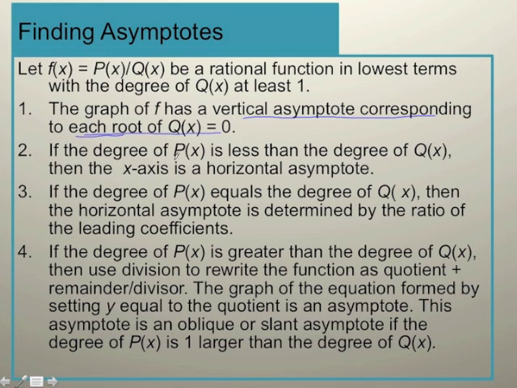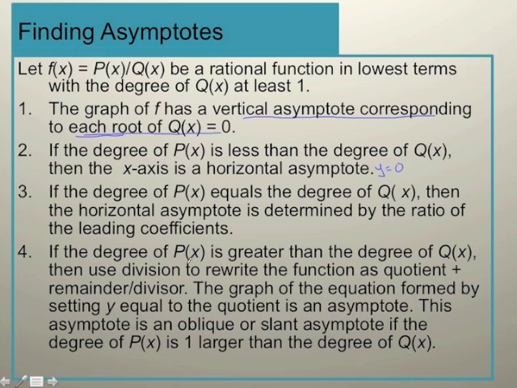If the degree of P of x is less than the degree of Q of x, then the x-axis is a horizontal asymptote, and that would be the equation y equals 0. If the degree of P equals the degree of Q, then the horizontal asymptote is determined by the ratio of the leading coefficients.